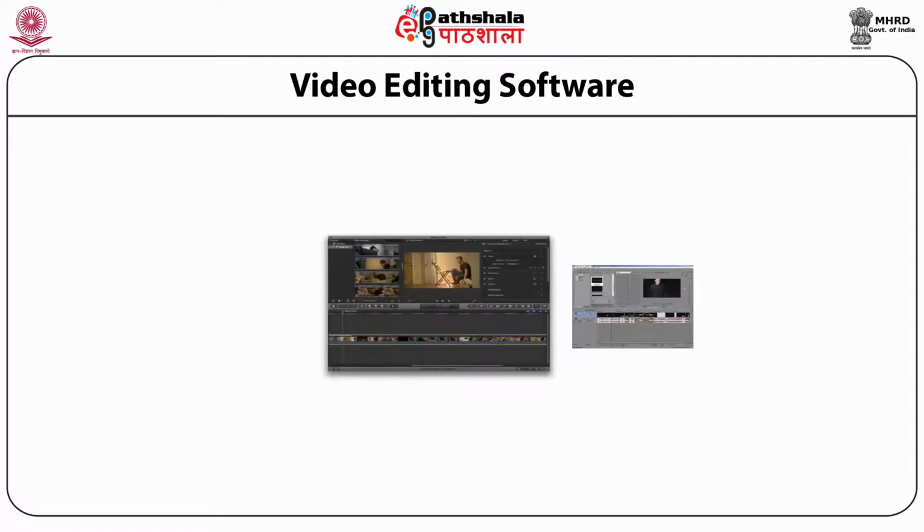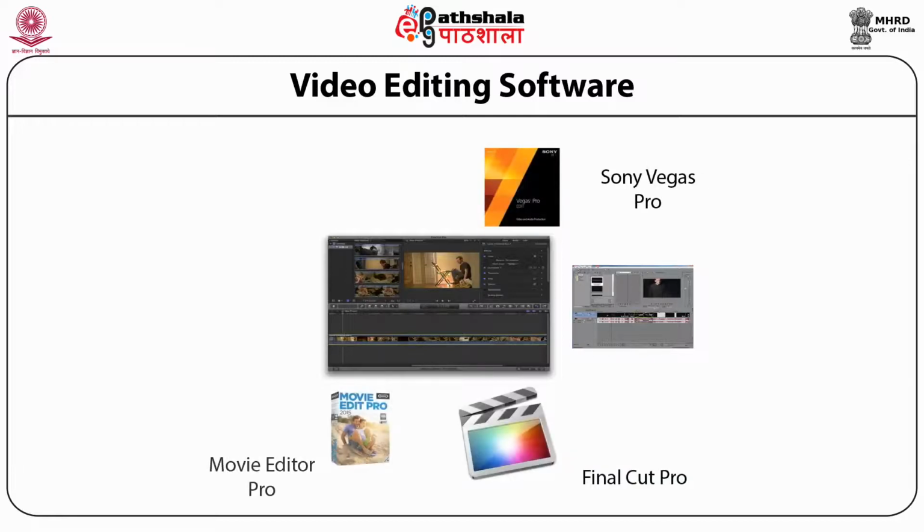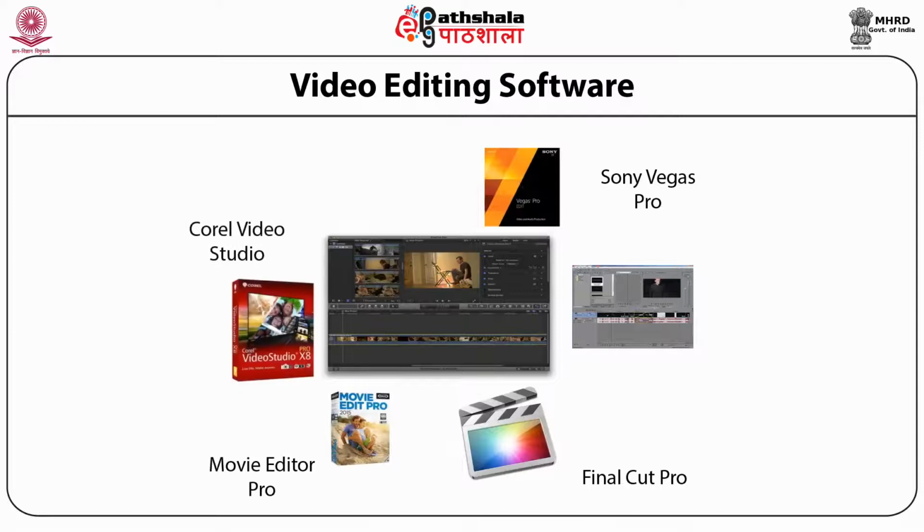The most popular video editing software are Sony Vegas Pro, Final Cut Pro, Movie Editor Pro, Corel VideoStudio, etc. These software have the facility to edit, mix, and provide special effects on the video. It also has the facility to mix and edit audio on the video.